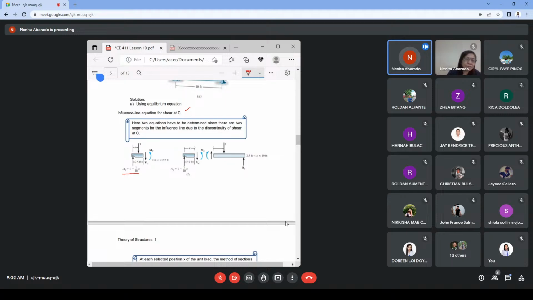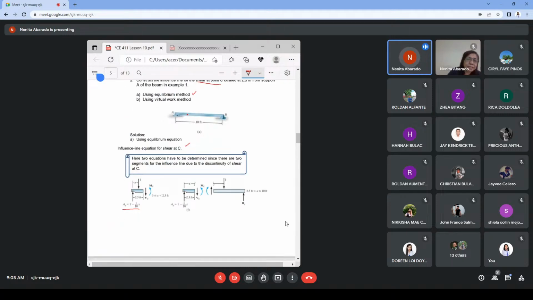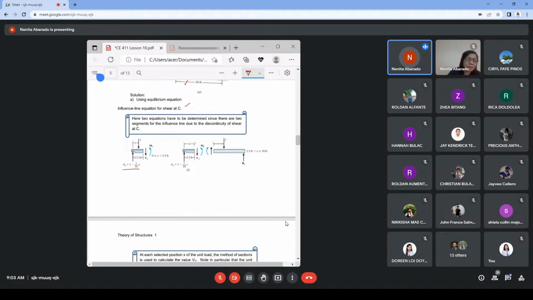So, upon getting the reaction, let us now cut the beam intersection. Diyan mismo sa point C, ano? Diba, nagbutang tayo din ng point C. So, ikakat natin siya. Okay? So, then let us have the free body diagram. Ano ba mga internal stresses? Do not forget that pagka siya ay nasa left side, this must be downward.